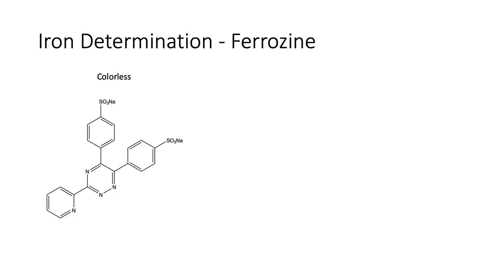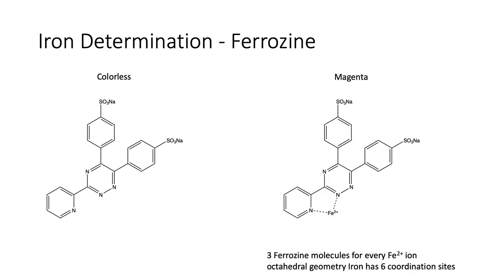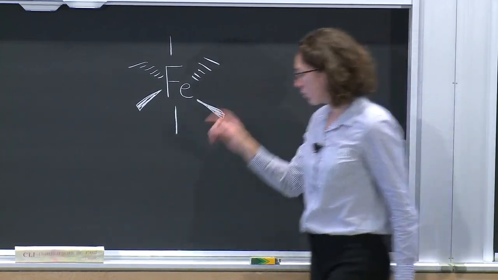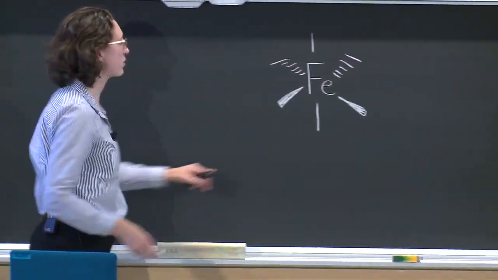This is the structure of ferrozine. The ferrozine molecule by itself is colorless, and when you complex it with iron, it turns into a magenta color. There are 3 molecules of ferrozine for every 1 iron ion, and it forms an octahedral geometry.